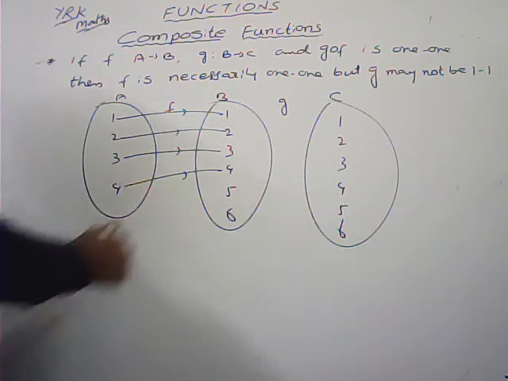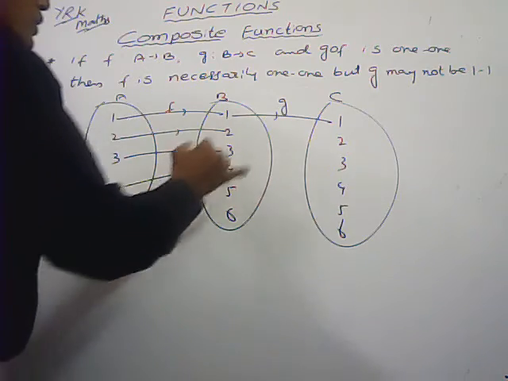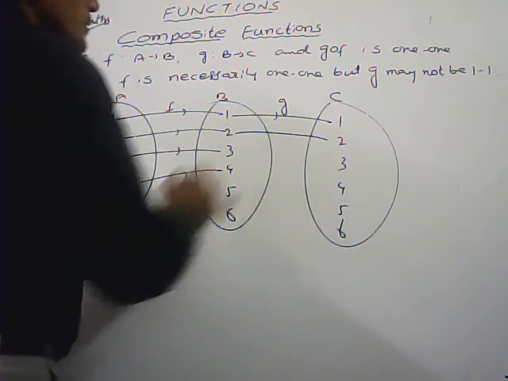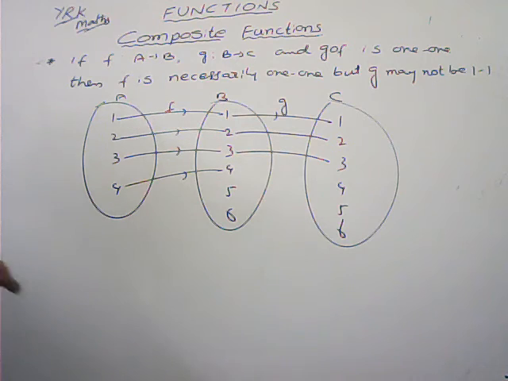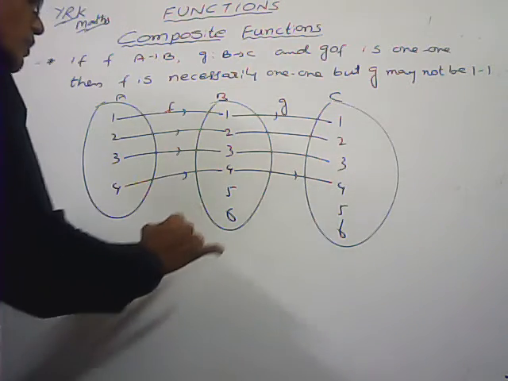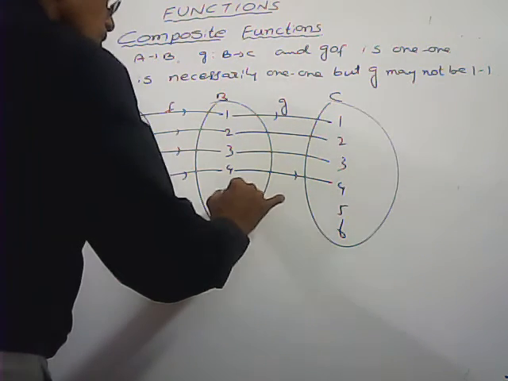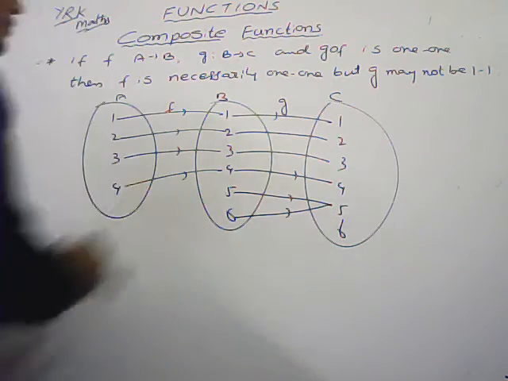Now here, 1 goes to 1, the image of 2 under G is 2, the image of 3 under G I am taking 3. Next the image of 4 I am taking, the image of 5, and the image of 6 also I am taking as 6.